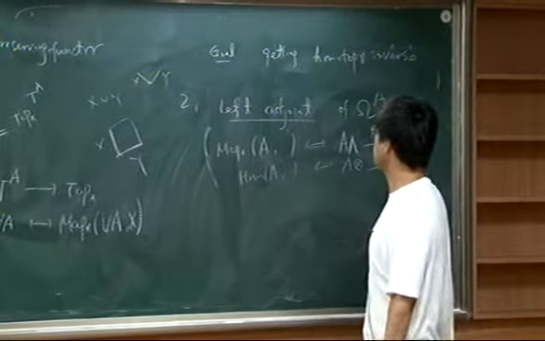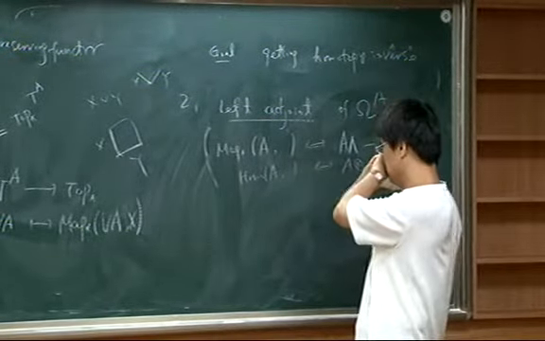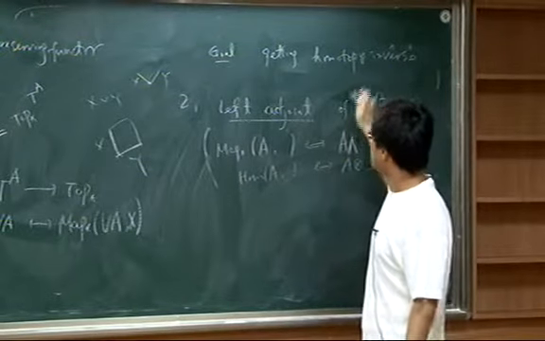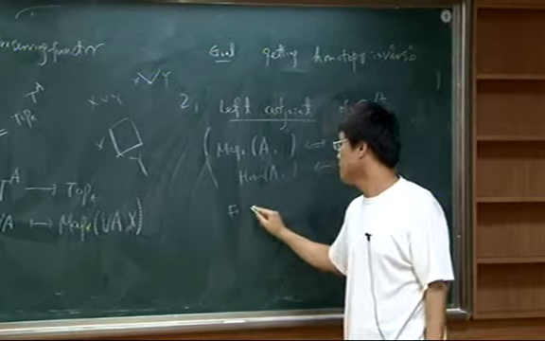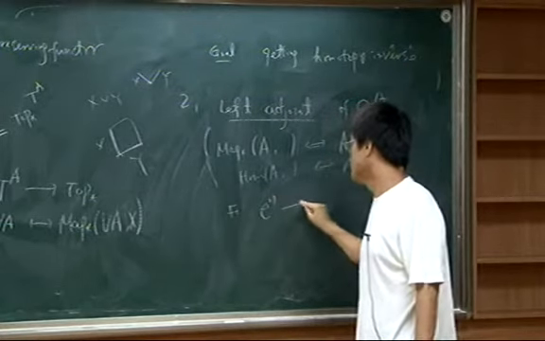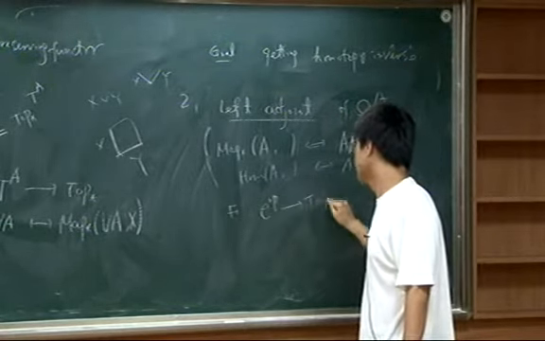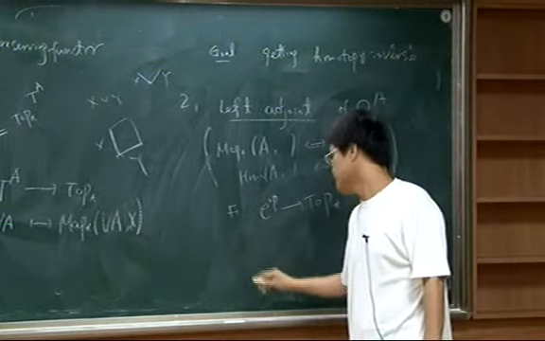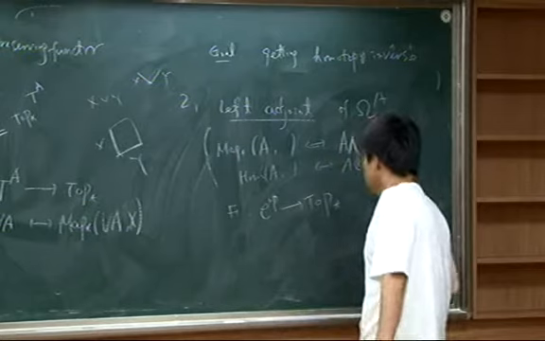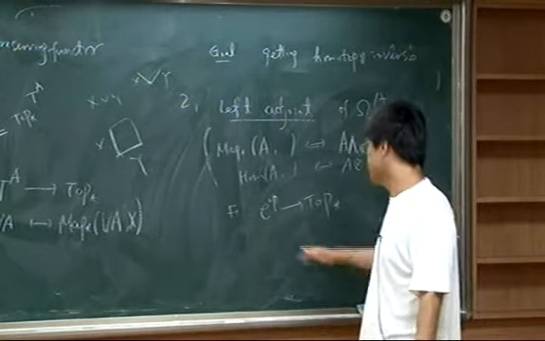Actually, we can construct this left adjoint functor for this one. Let's say in general, if you have C opposite, we have two functors. If you have just these functors, right?